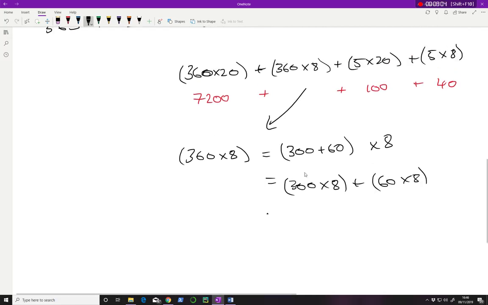Okay. Now I know that 8 times 3 is 24. Then I just need to add 2 zeros. So that's going to be 2,400. And I know that 8 times 6 is 48. I just need to add another 0 there as well. So that's 480. So that altogether is going to give me 2,880.